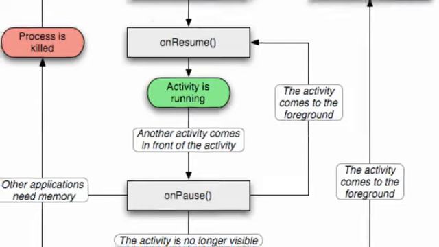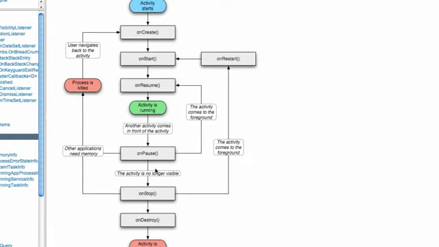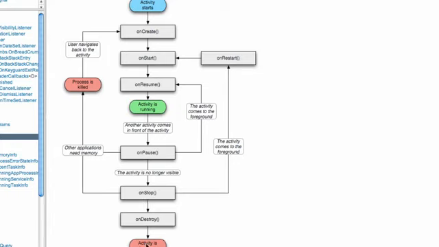So the only method from our activity class that we are familiar with is this onCreate method. But we're going to use some of these other methods as well. What I want to show you guys is that we're going to use this onCreate method, but the only other two methods that are really important for the most part is this onPause method and this onResume method, because even if our activity gets destroyed, it's going to go through this onPause method before it goes through these methods as well.